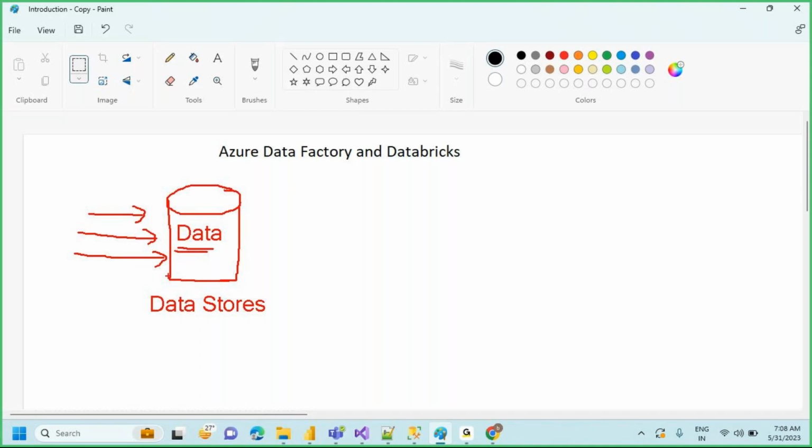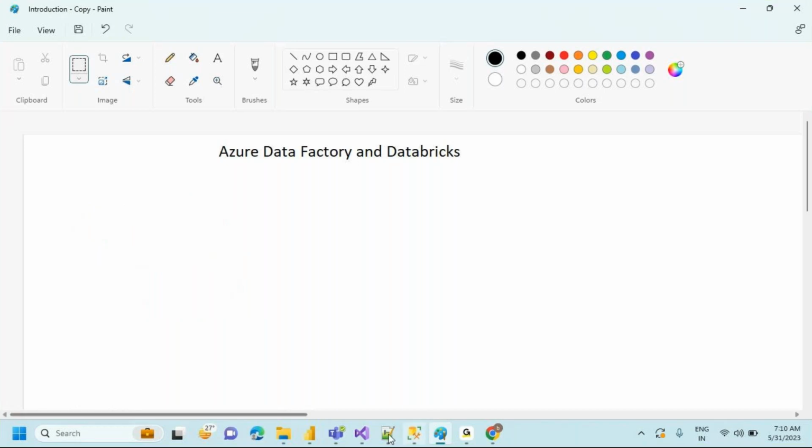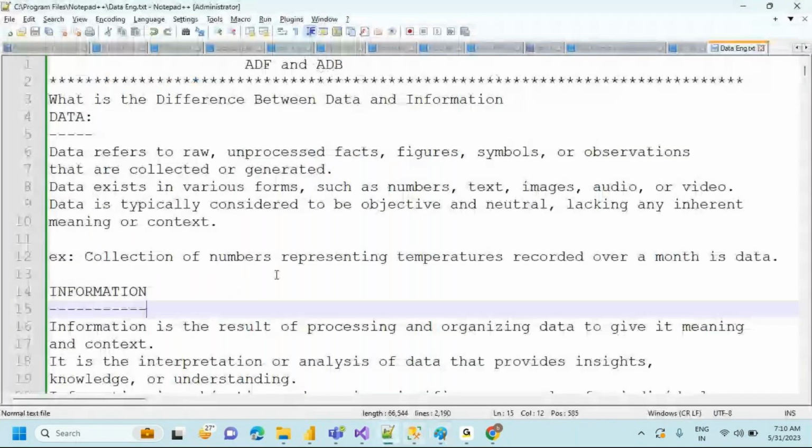If we want to get insights from this data, first we need to apply data cleansing, so we need to apply transformation. Once we apply transformation and process it, we get the information. The main target is to get information for your business. So that is about the data that I'm talking about here.